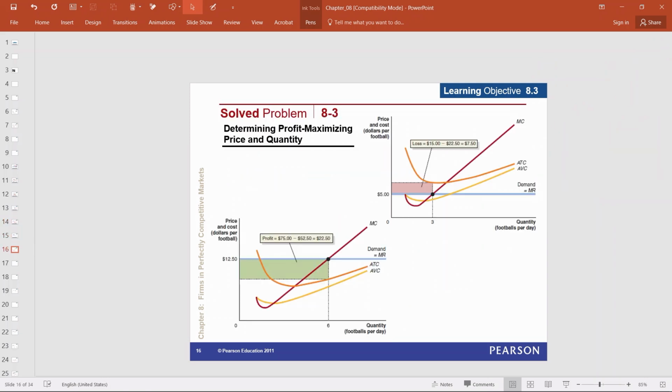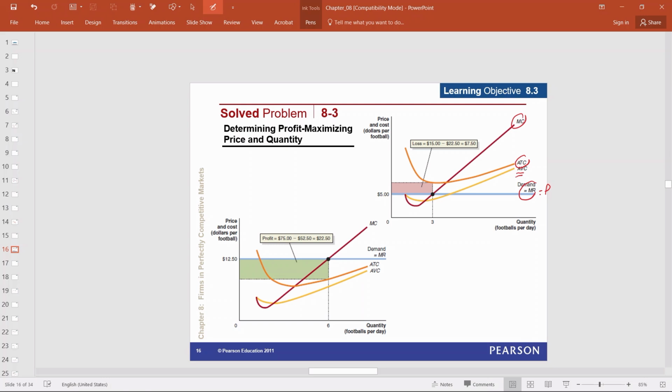This curve is marginal cost, and this curve is marginal revenue equals price, and this is average total cost. And the new curve is average variable cost, which is familiar to you.